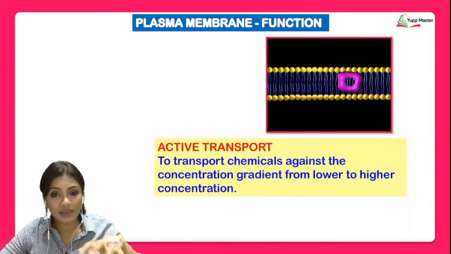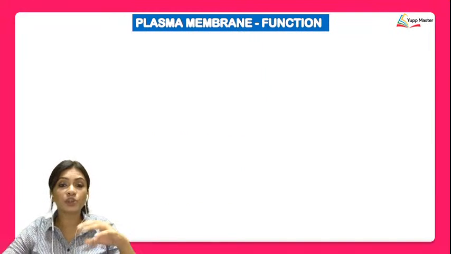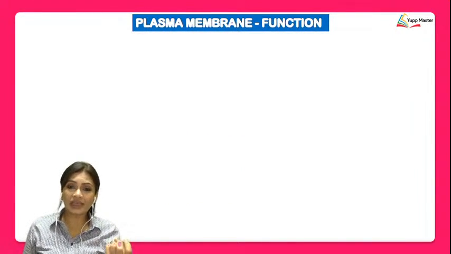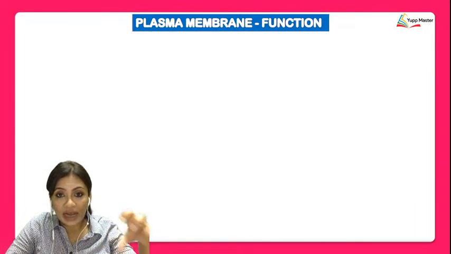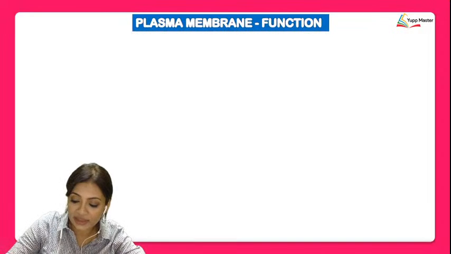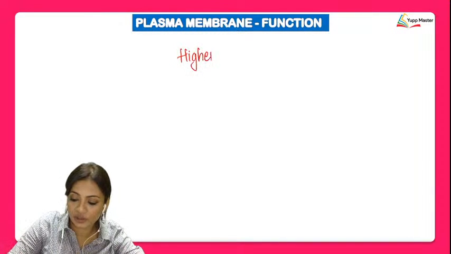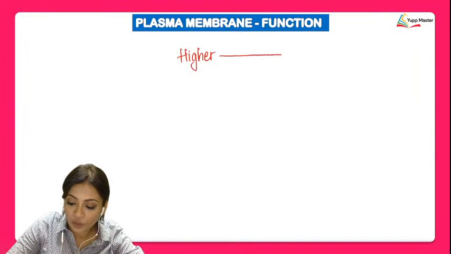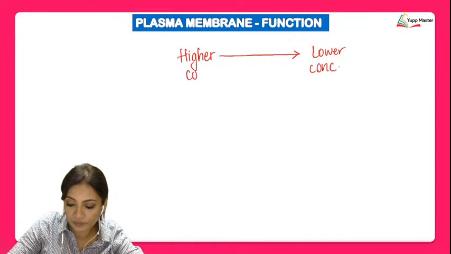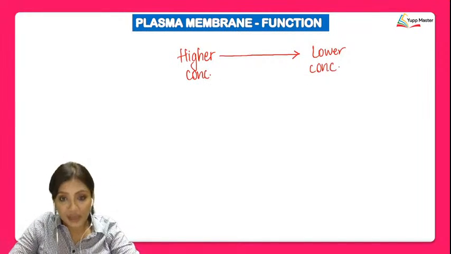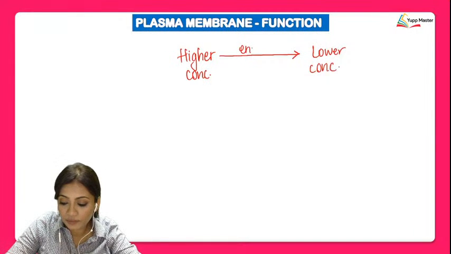Generally, whenever any substance wants to travel from its area of higher concentration, let's say the concentration here is higher, and it wants to go to an area of lower concentration, then at this time energy is not required.